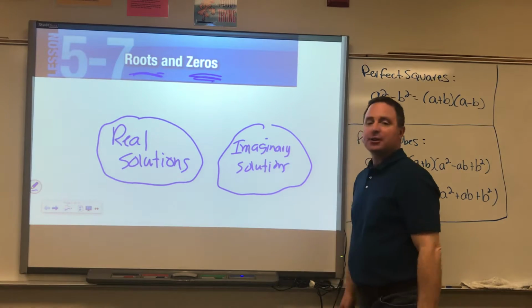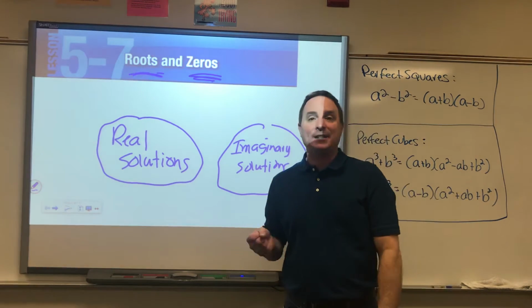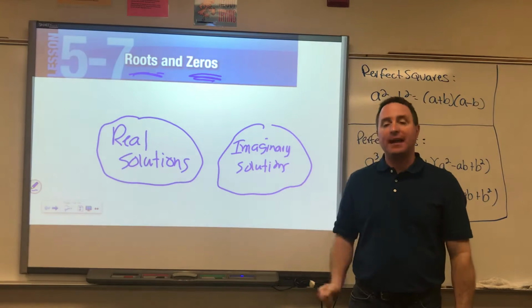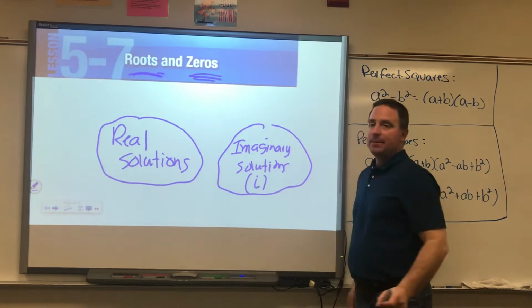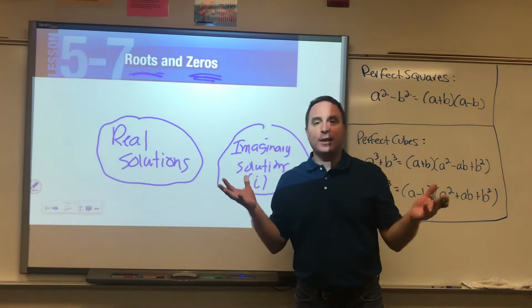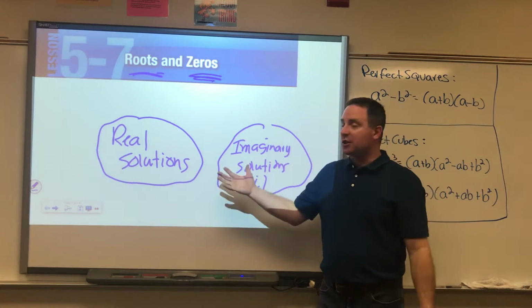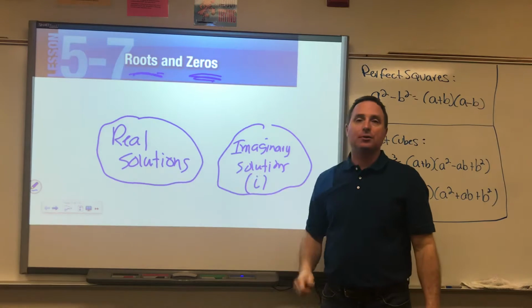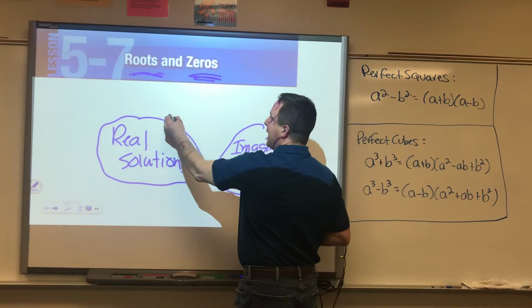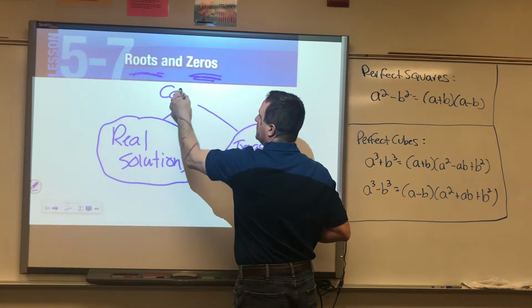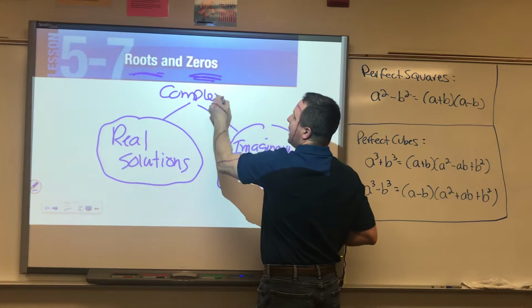Okay, if you remember, the imaginary solutions were the ones where we had i's in our answers, where we had a square root of a negative number. But these are the ones that had i's in the answer. Okay? So when we solved our equations prior to this, our answers, our zeros, had to fall into one of those two categories. Well, these two things are actually part of a bigger number system called the complex numbers.